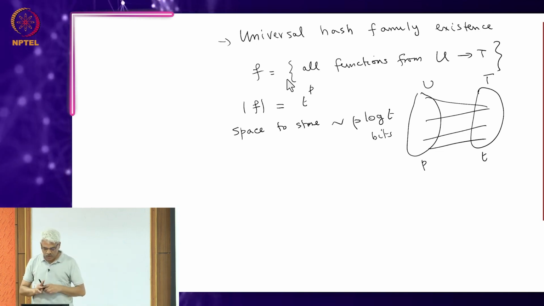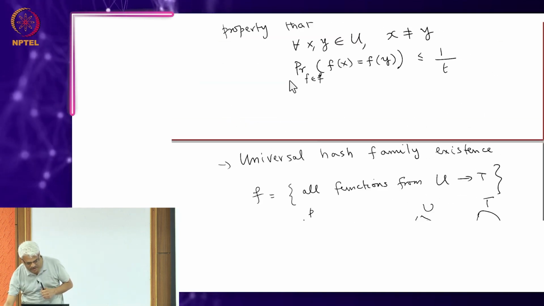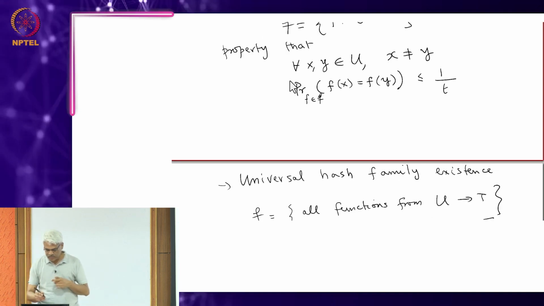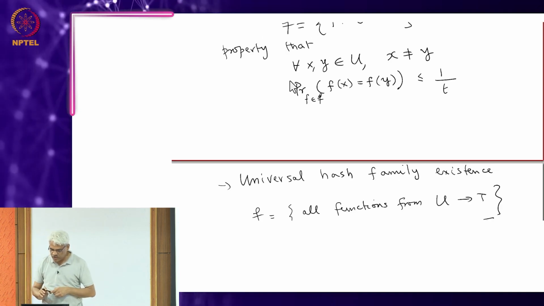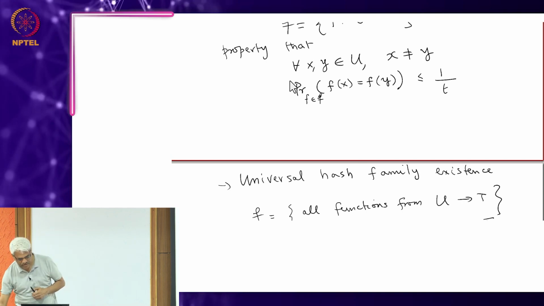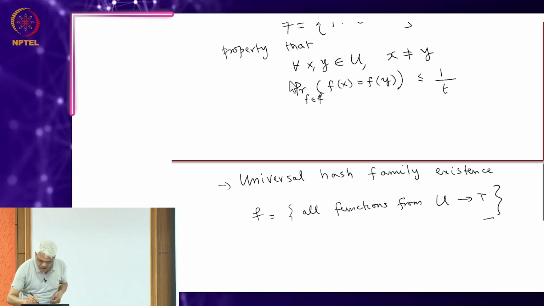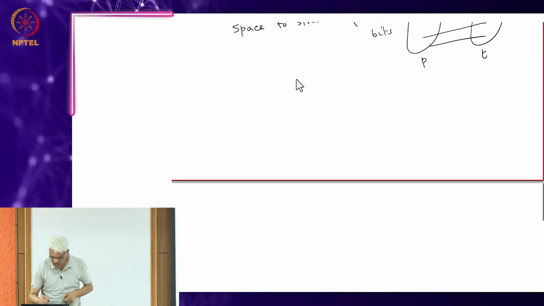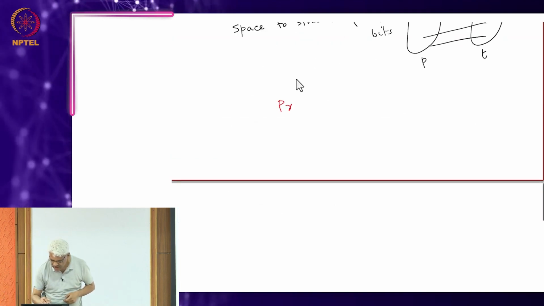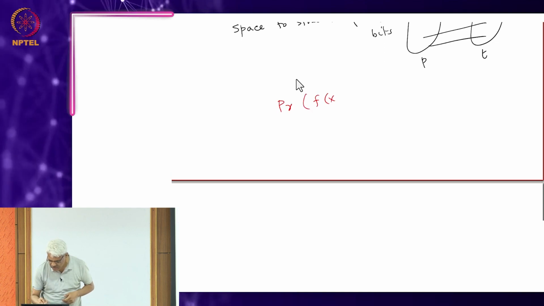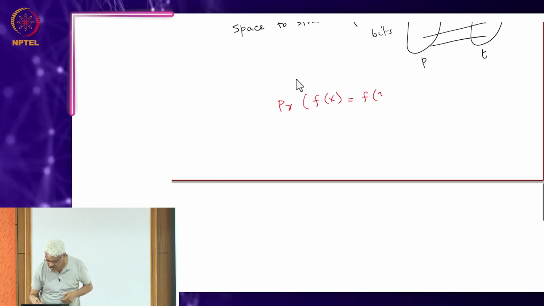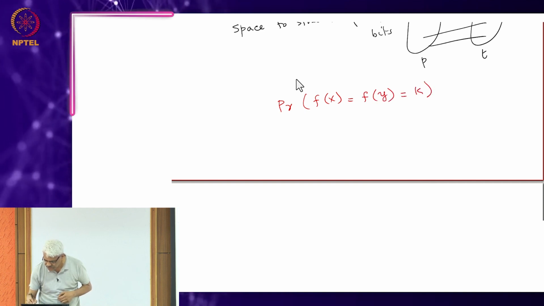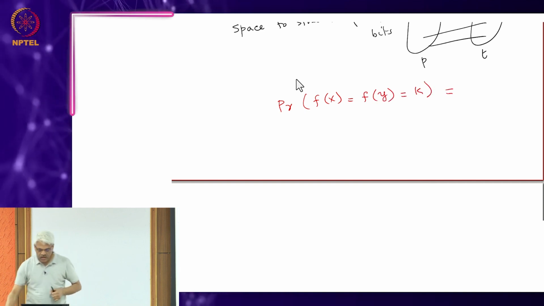Okay. Why is it universal? Let us go back to the definition and see. What is the probability that f of x equals f of y if I pick a random function from this family? So, again, the probability that f of x equals f of y equals some one particular element k, let us see, right.